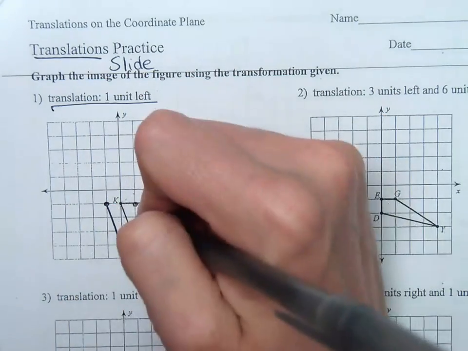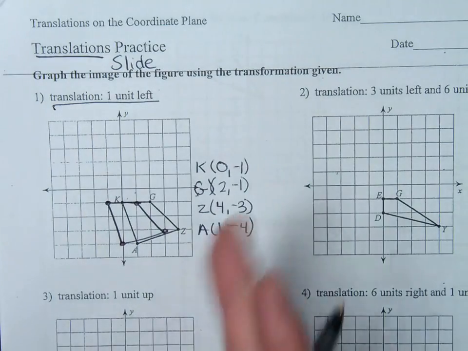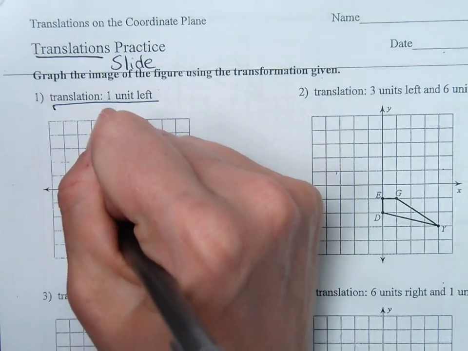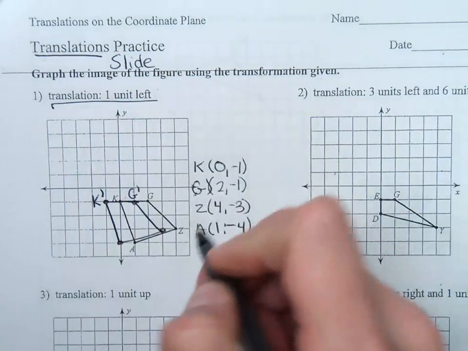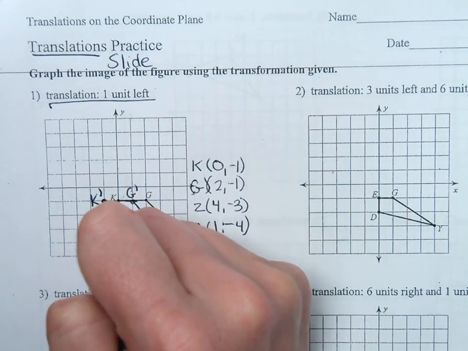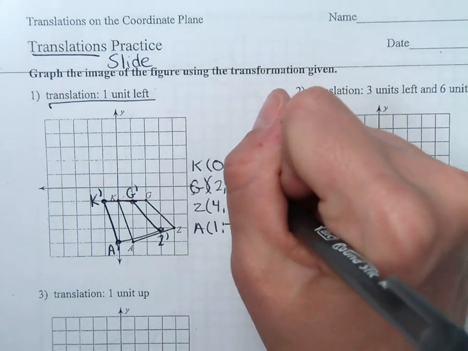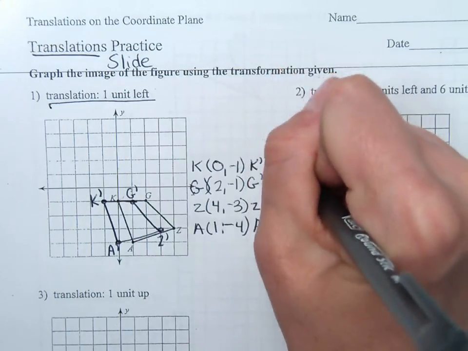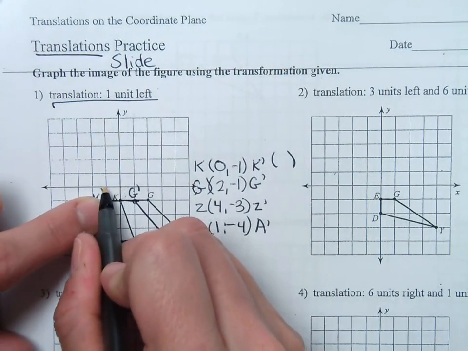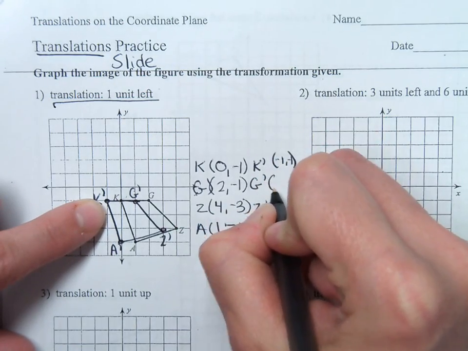And we're going to draw our picture. So our picture looks exactly the same except it's slid over once. When we write our new location, we're going to write it as K prime, G prime, Z prime, and A prime. That prime lets you know that's the first translation. So we're going to identify the new locations. K prime is left 1, down 1, so that's (-1, -1).